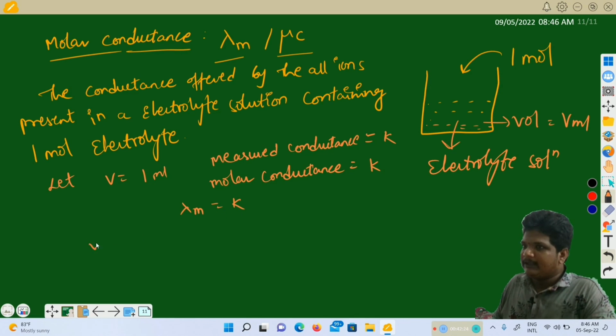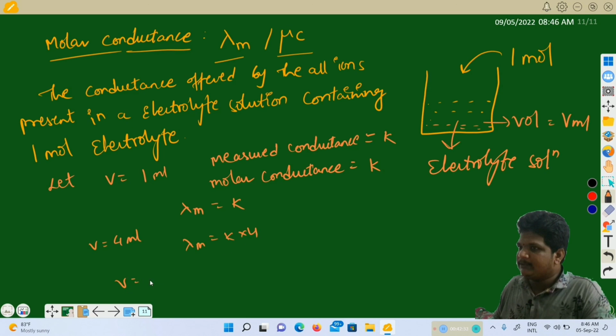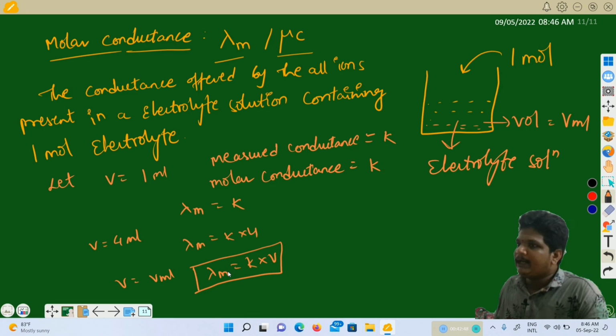If the volume is 4 mL, lambda m is equal to kappa into 4. If the volume is V mL, lambda m is equal to kappa into V. This is the specific conductance into volume, which is equal to the molar conductance.